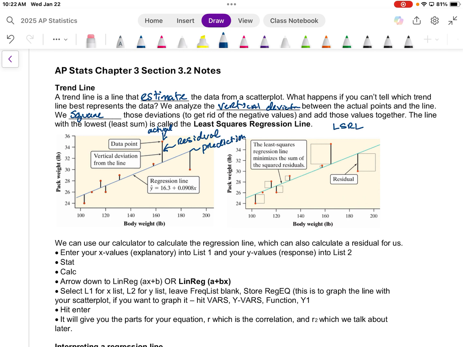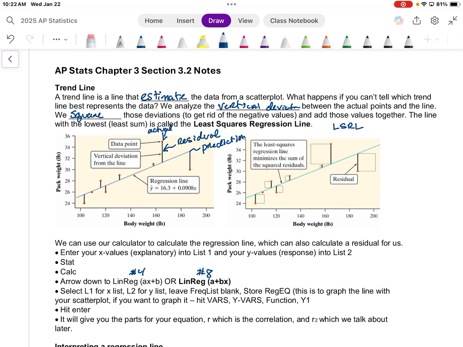So with our calculator, we can put our information into L1 and L2. We put the explanatory variables into list 1 and our response variables into list 2. We then press STAT, CALC. The first option here is option 4, and the second option listed is option 8.